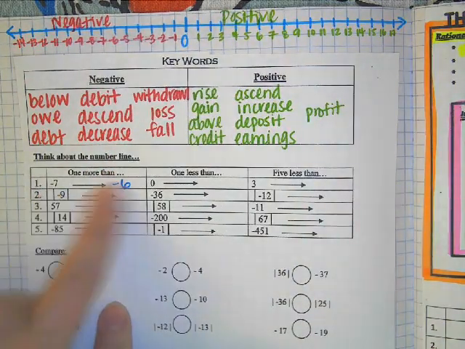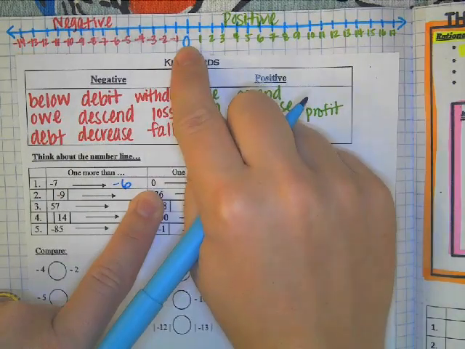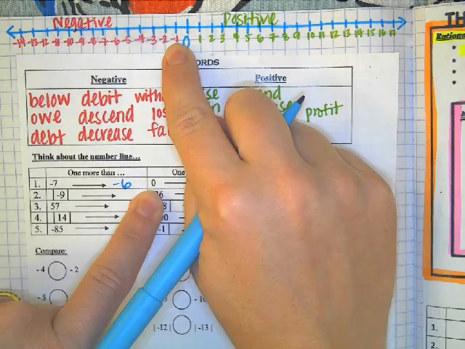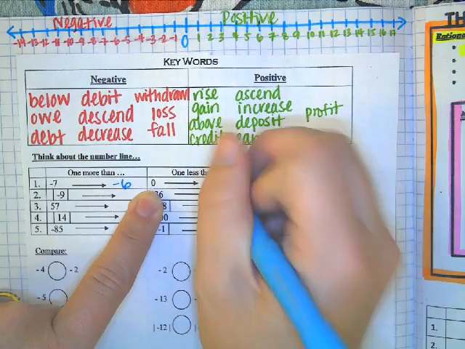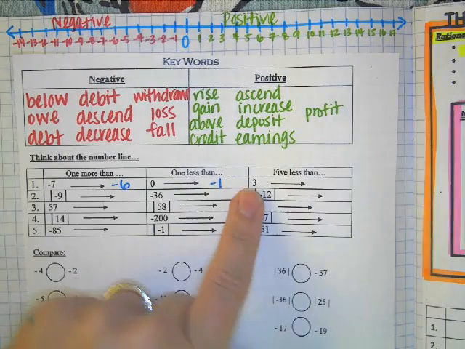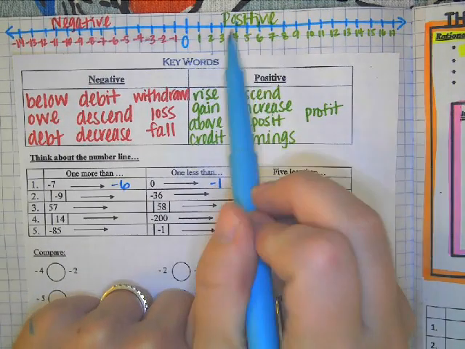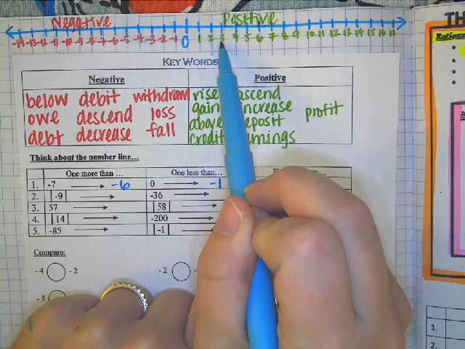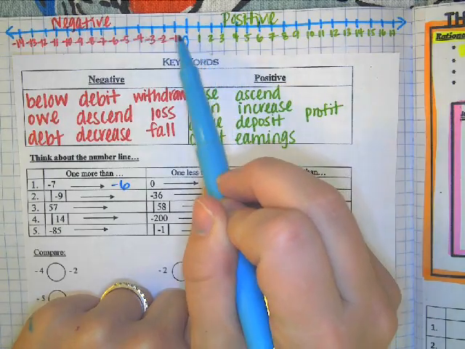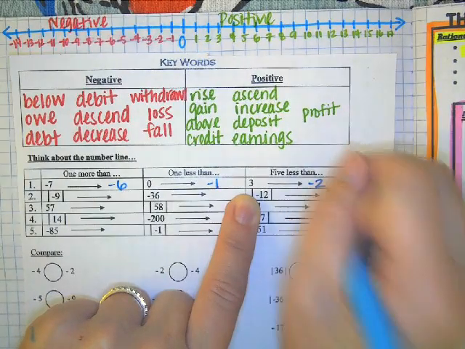Whereas if it says 1 less than 0, we're going to go 1 less than 0, and that's going to give me -1. Now if it says 5 less than 3, I'm going to start at 3 and go back 5. 1, 2, 3, 4, 5, and that takes me to -2.